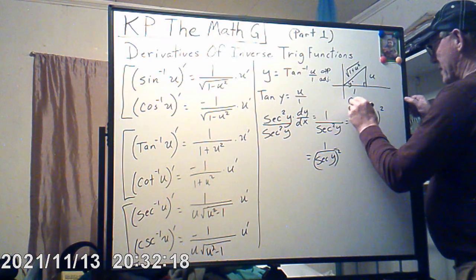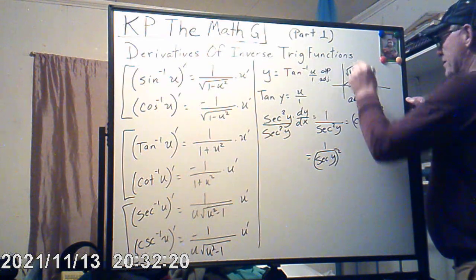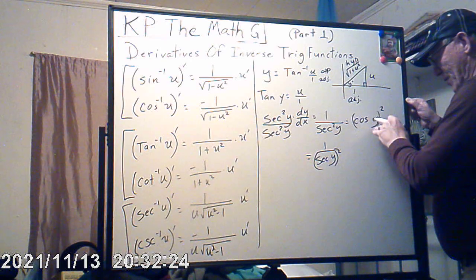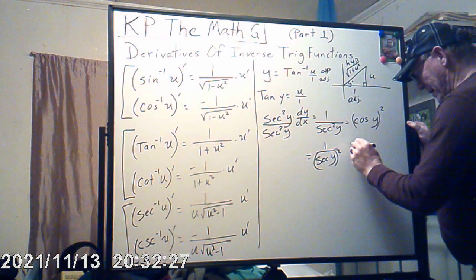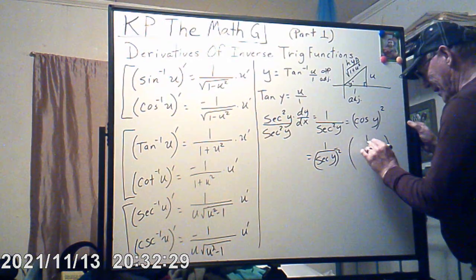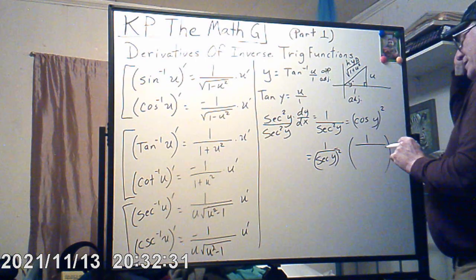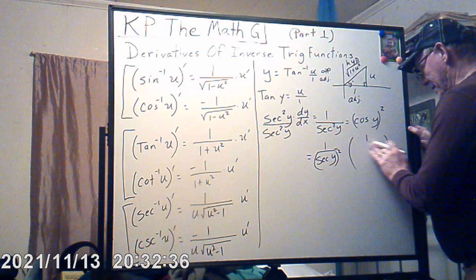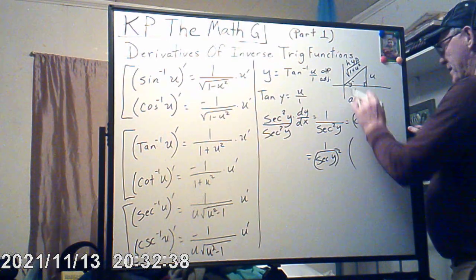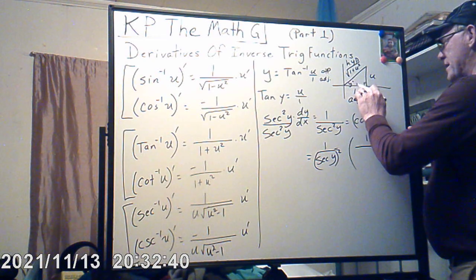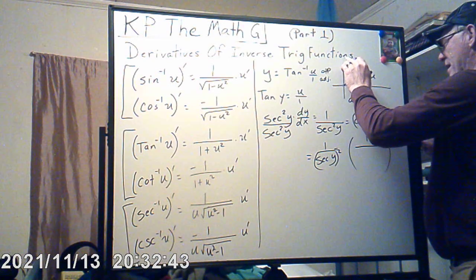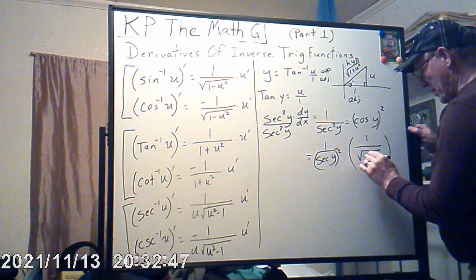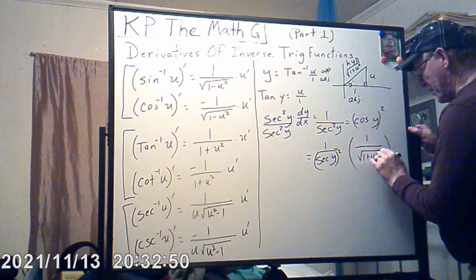Cosine is adjacent over the hypotenuse, but remember this whole thing is squared. So it's adjacent 1 over the hypotenuse squared, which is the square root of 1 plus u squared.